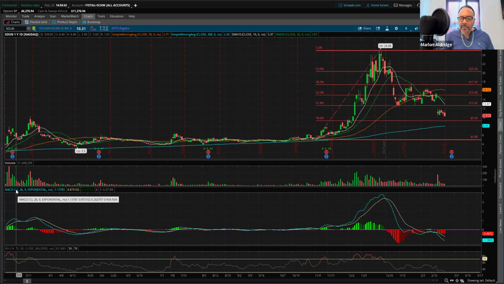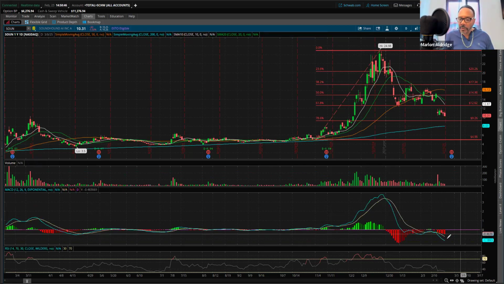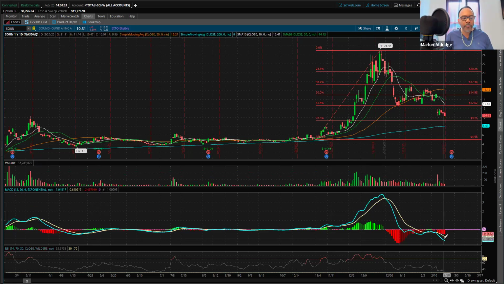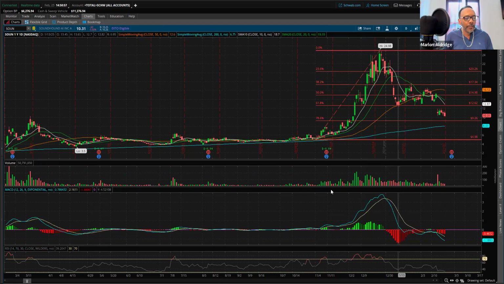And we want the MACD to be positive. Clearly, we can see that the MACD is below zero, so it's negative. What does that mean? That means that the 26 period moving average is above the 12 period moving average. That's the downward trend. The line is moving downward.